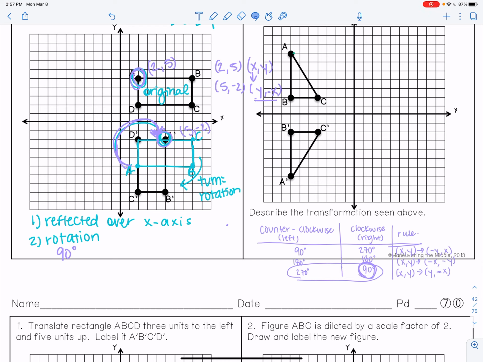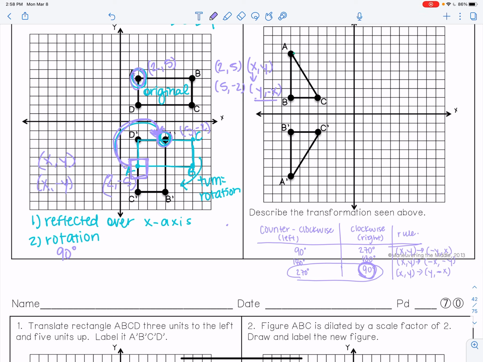So what we did, if you then look at what happened from your original A to this bottom A, in that first thing that we did with the blue rectangle, we had this be 2 comma negative 5. Well, when you have the 2 comma negative 5, it goes from xy to x comma negative y.